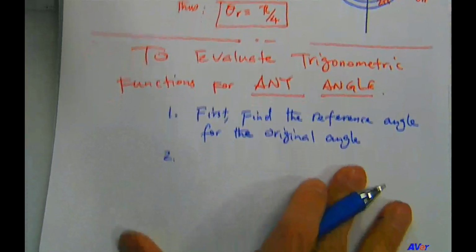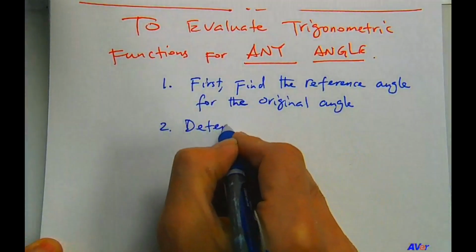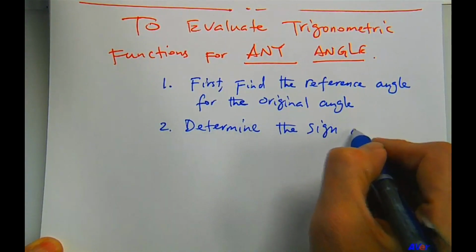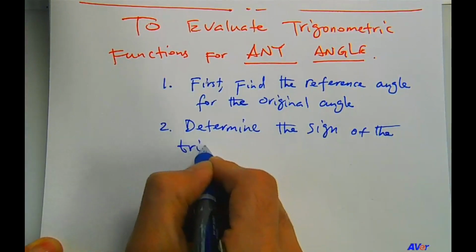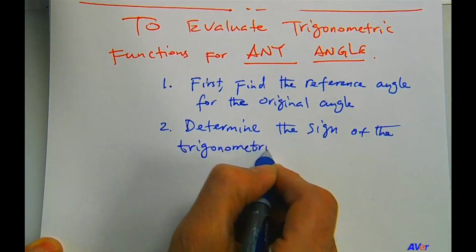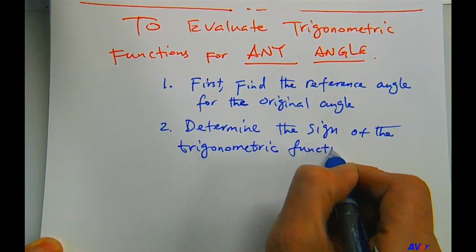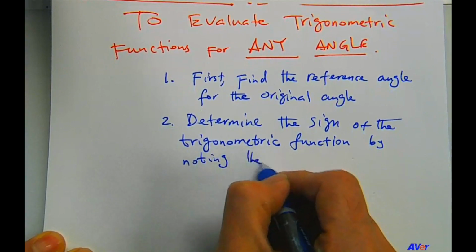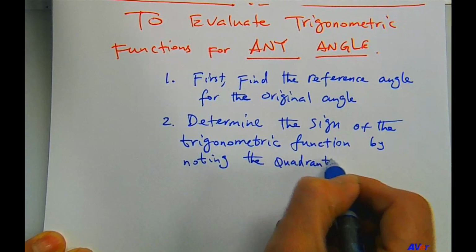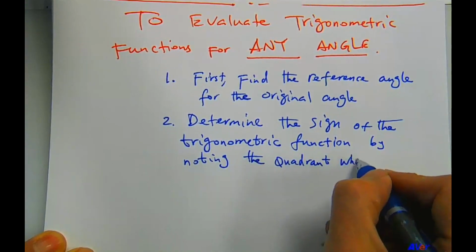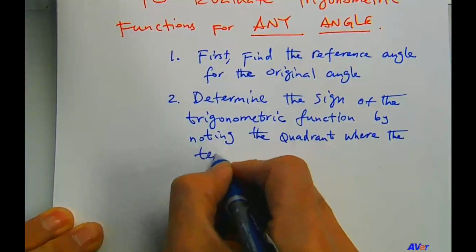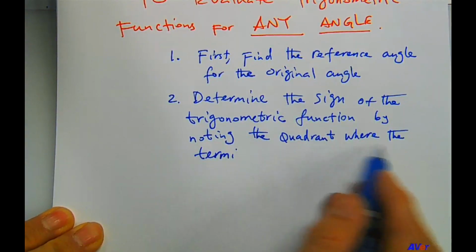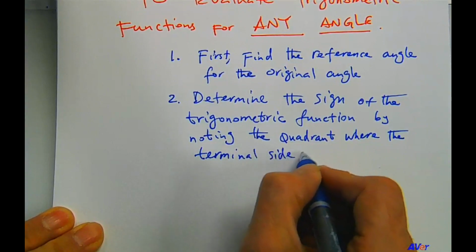Then second, determine the sign of the trigonometric function by noting the quadrant where the terminal side is.